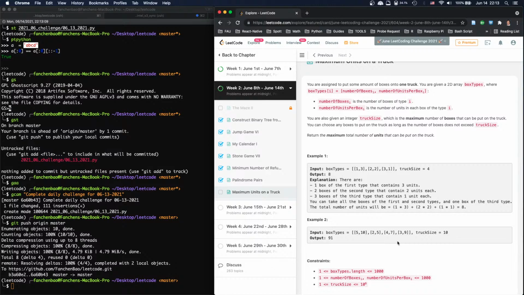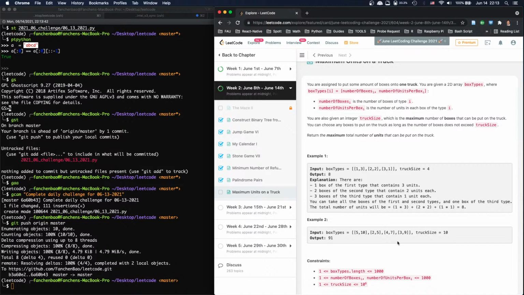I don't think there's a way to do 1000 states. I mean, it's not going to be 1,000 states. It's the truck size, 10 to the 6.